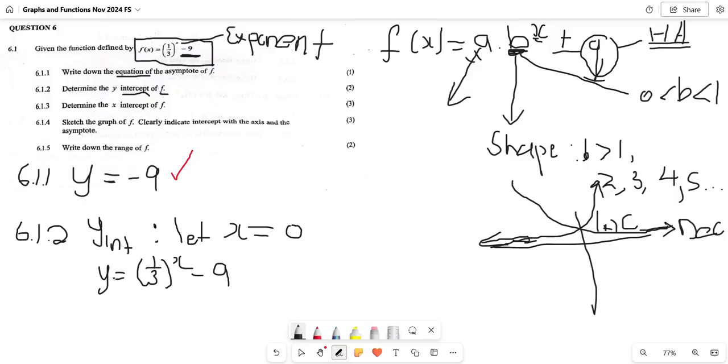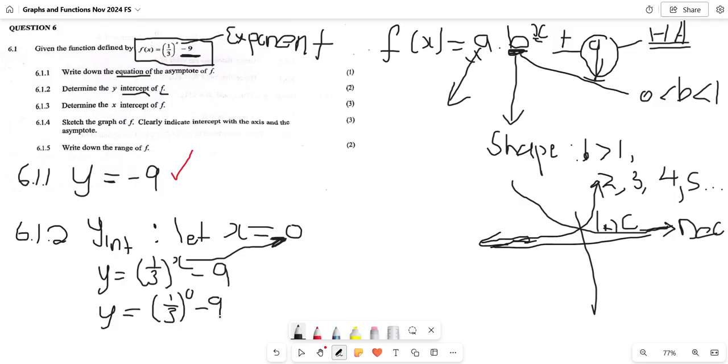For us to get this y-intercept, in place of the variable x, we are going to write 0. Why? Because x on the y-axis is equal to 0. Then we have y equal to, in brackets 1 over 3, all to the power of 0, minus 9.